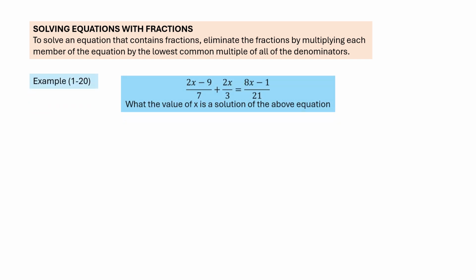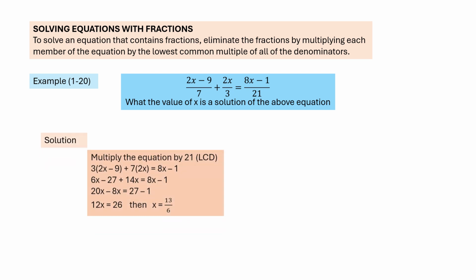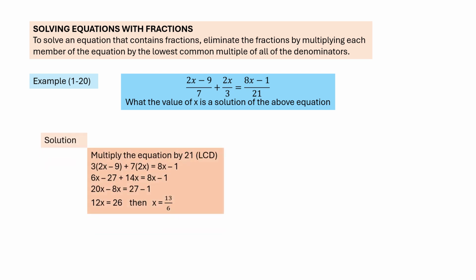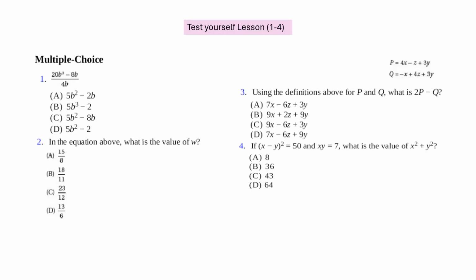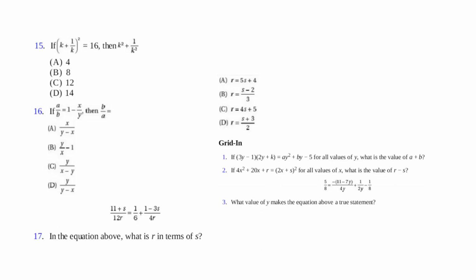Example 120. (2x minus 9) over 7 plus 2x over 3 equals (8x minus 1) over 21. What is the value of x as a solution of the above equation? First of all, you will get the LCD, which is 21, multiply each fraction by 21. So test yourself.